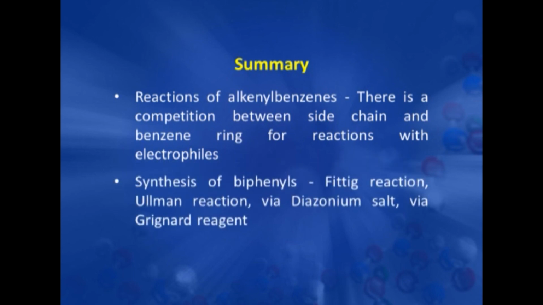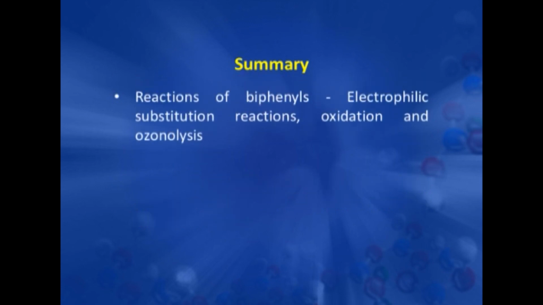Then we discussed biphenyls, the synthesis of biphenyls by the Fittig reaction, the Ullmann reaction, via diazonium salt and via Grignard reagents. We also discussed the electrophilic substitution reactions of biphenyls.